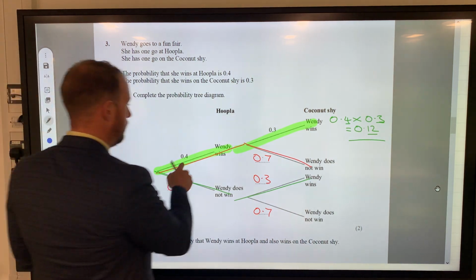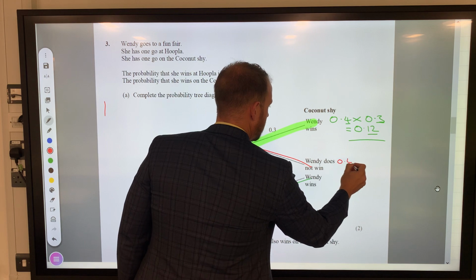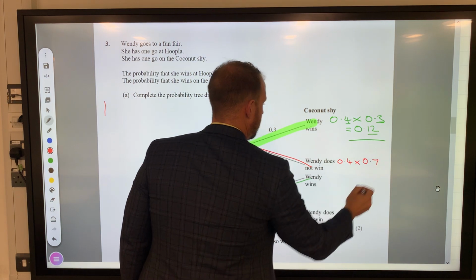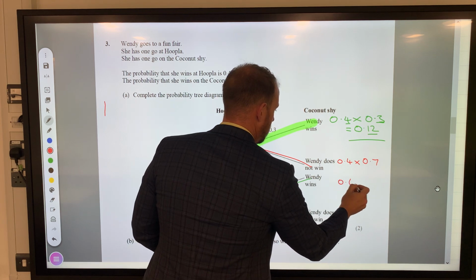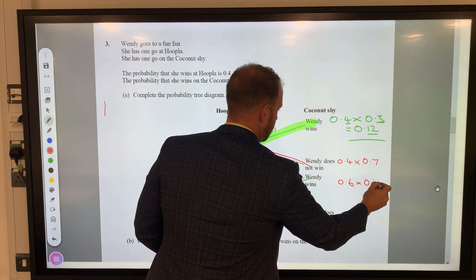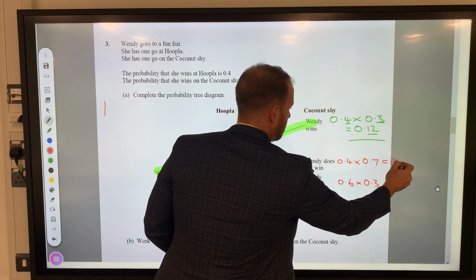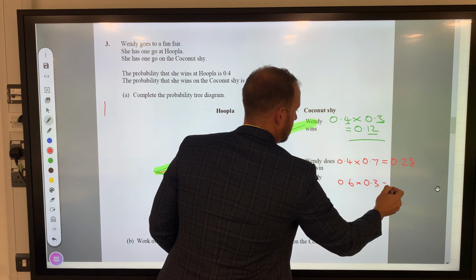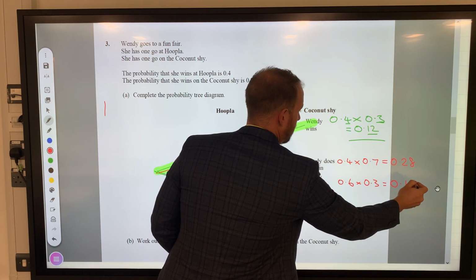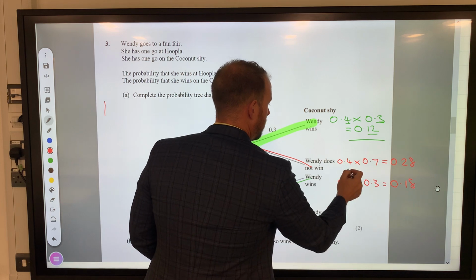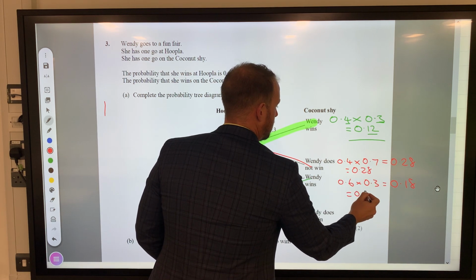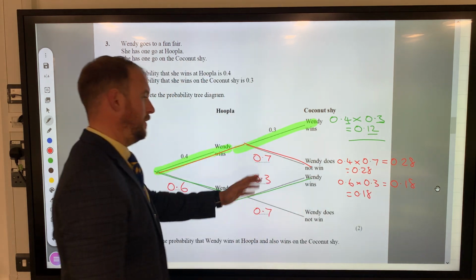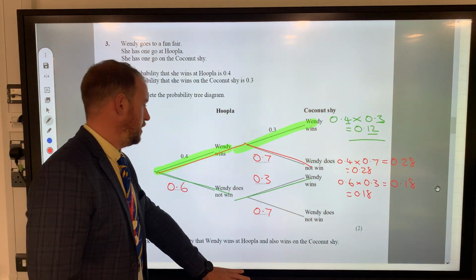So we could have 0.4 times 0.7. And we could also have 0.6 times 0.3. That's 0.28. This one's 0.18. Okay, I'll put it underneath here to make it a bit clearer for you. 0.28 and 0.18. Obviously, if this was the question, I would answer it underneath here.